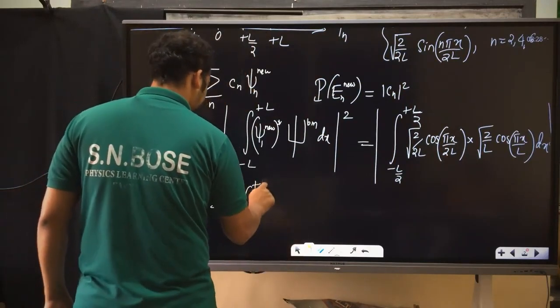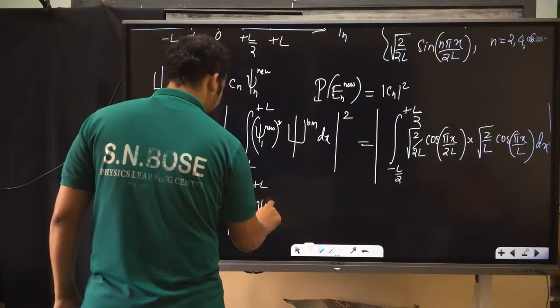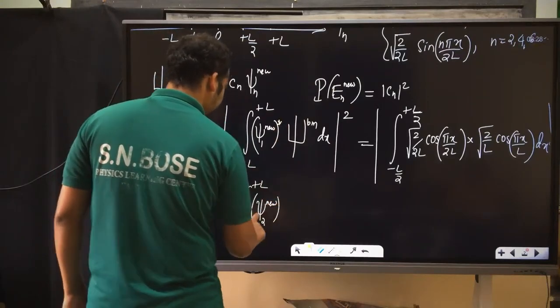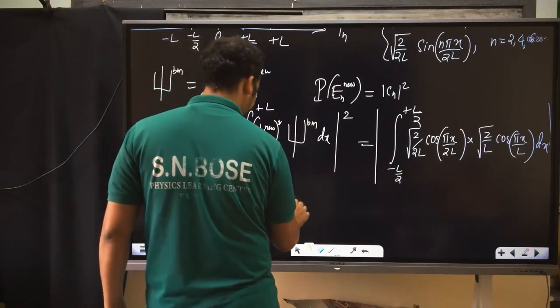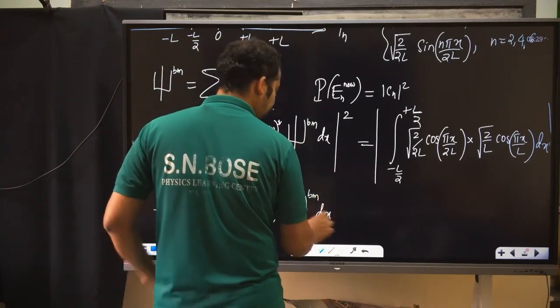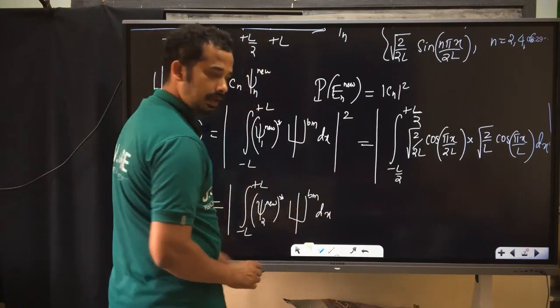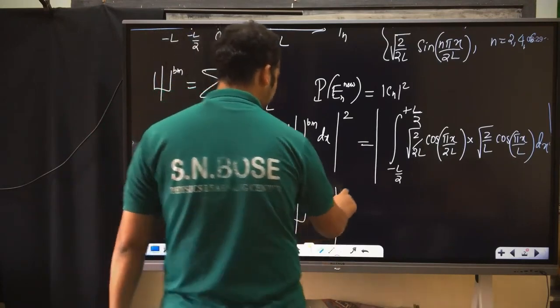I'm writing directly: minus L to plus L. Psi 2 nu is the state after the measurement, and the state before measurement is 0 in some region. That's why this full limit will not survive; the product will be 0 in some region.